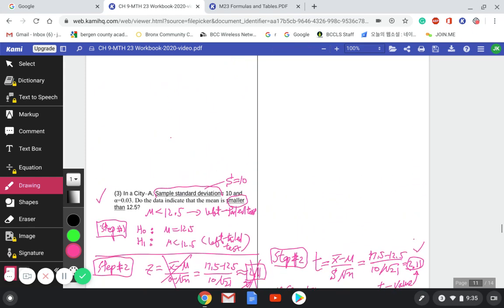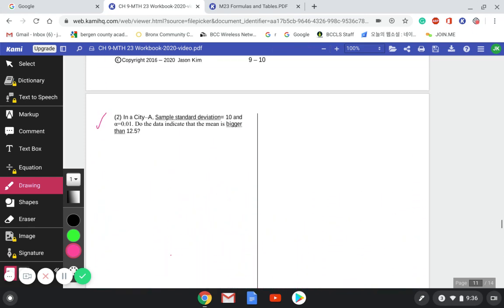Now let's look at another question. Number 2, again, in city A, sample standard deviation is 10. So S is 10 again here, and alpha is 0.01. So what is step 1 now? They also say bigger than 12.5.